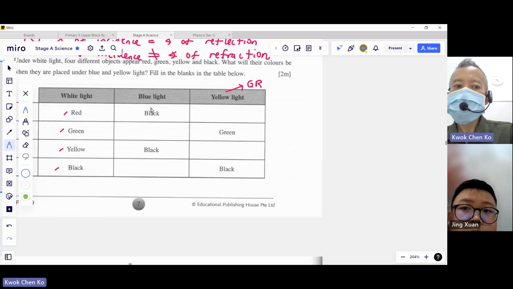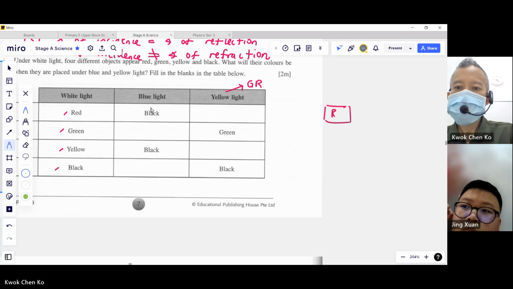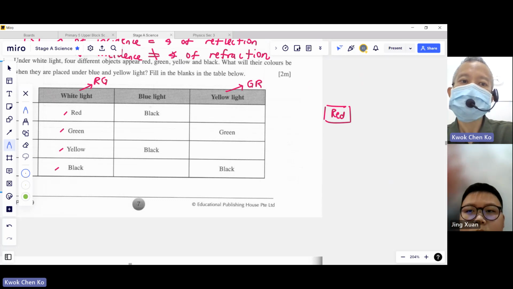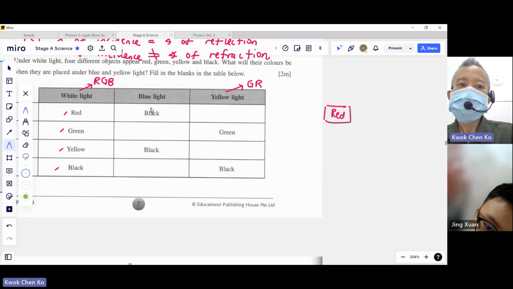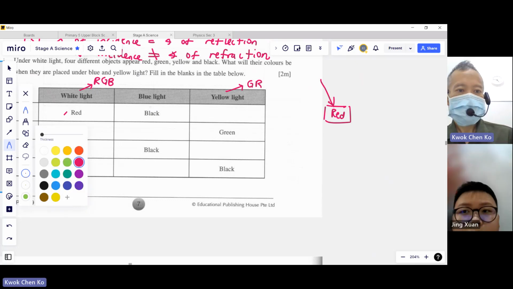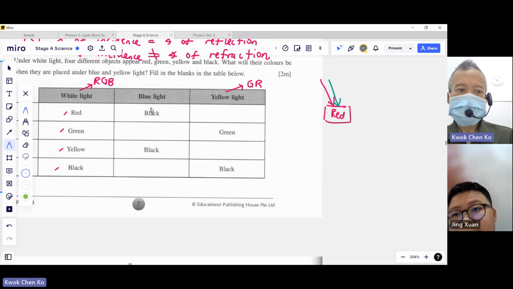So the theory is this. Let's say I have a red object. Now, if I have white light, what is white light? RGB theory, so it's R, G, and B. So if I have white light shining on a red object, I will have red, green, and blue.